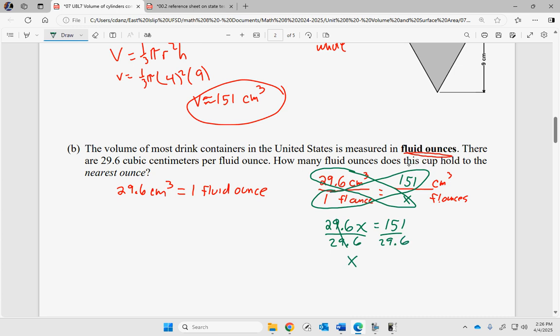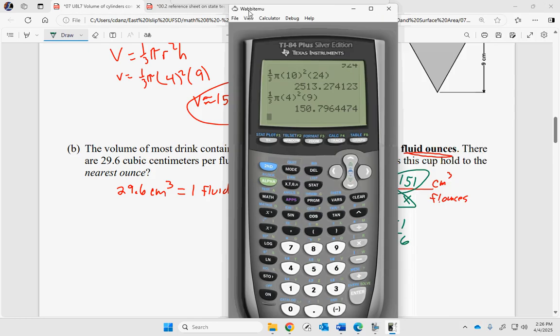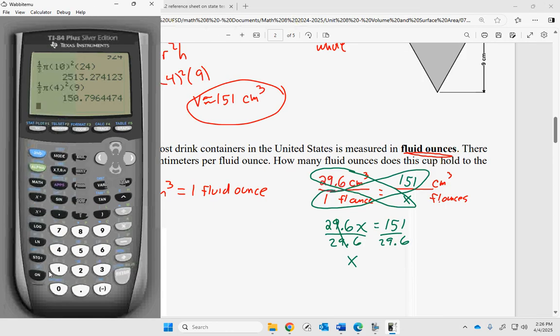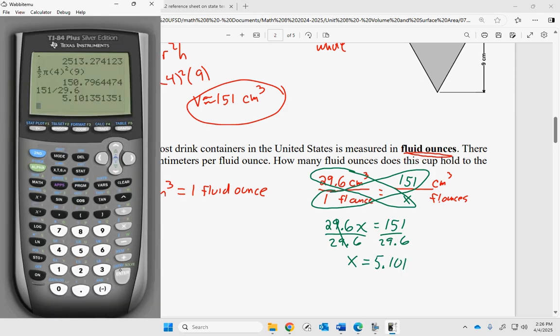And then you can use your calculator. 151 divided by 29.6 is 5.101, 351.